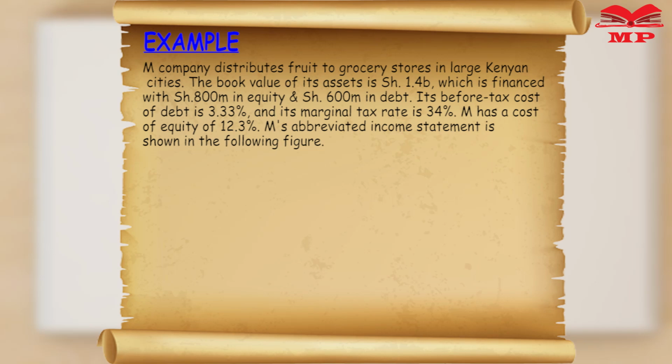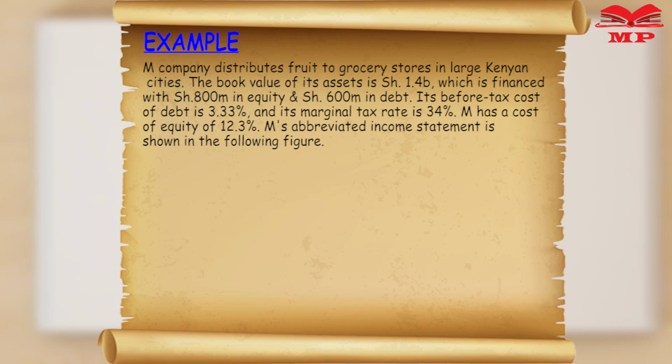The book value of its assets is 1.4 billion, which is financed with 800 million in equity and 600 million in debt. Its before tax cost of debt is 3.33% and its marginal tax rate is 34%.